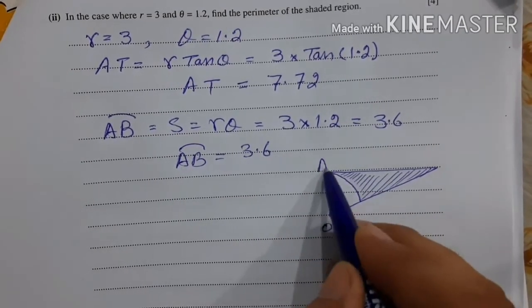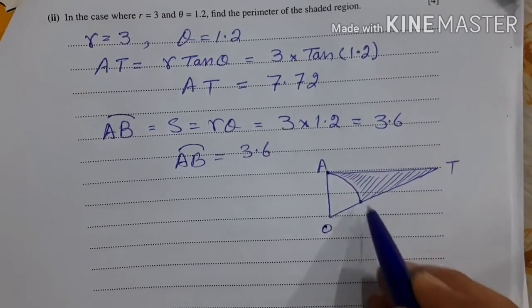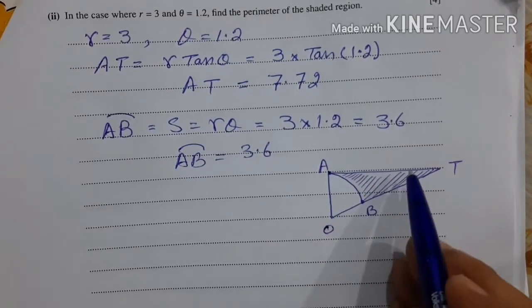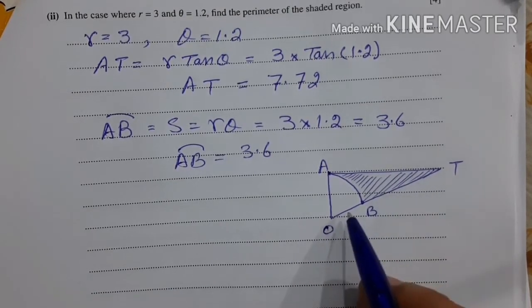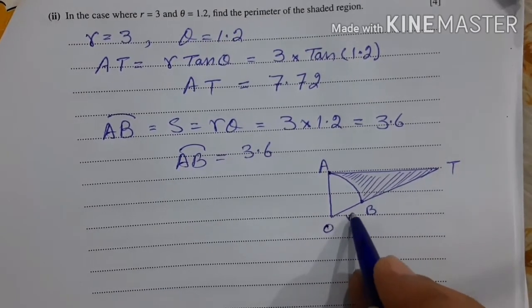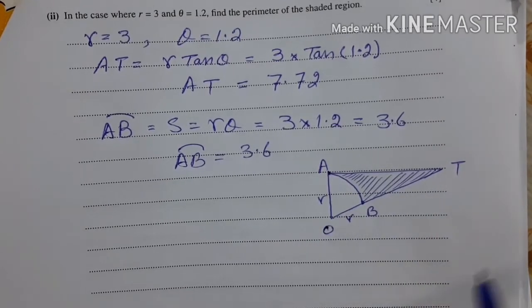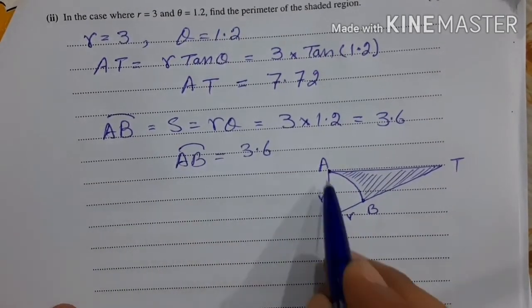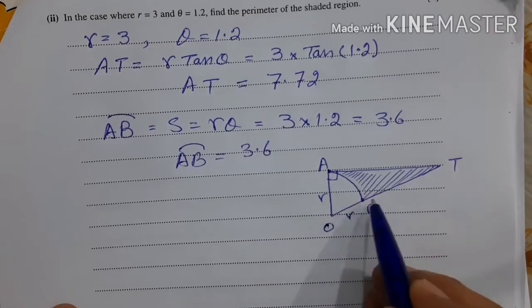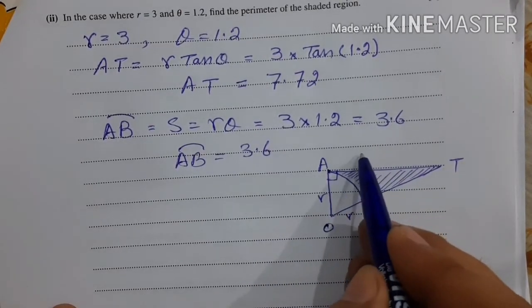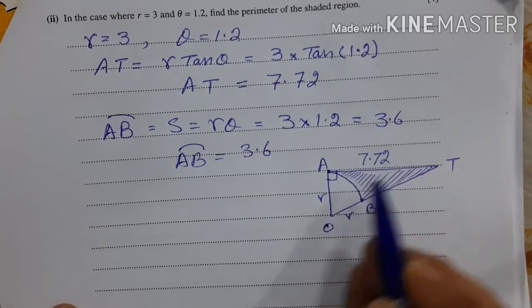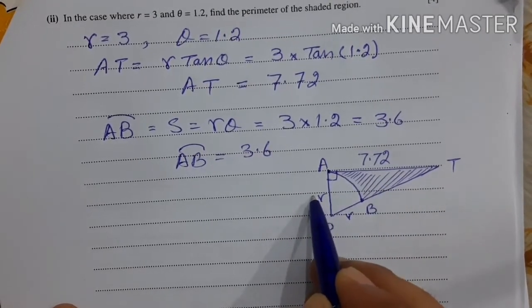This is O, this is A, this is T, and this is B. First of all, I'll find OT, then I'll subtract this R so that I can get BT. So from this right angle triangle, OT is the hypotenuse, AT is 7.72 and this is 3.